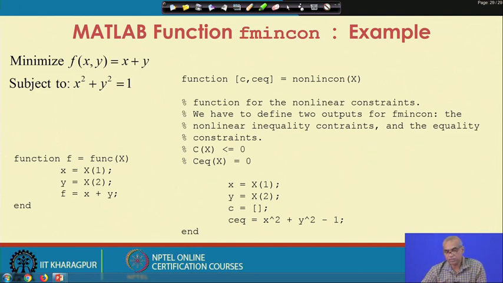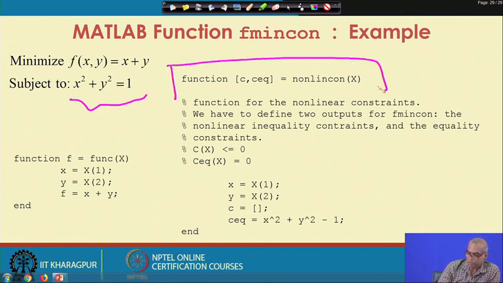So, I am defining a function nonlinear for this nonlinear equality constraint. Note that you have to supply a single function for both nonlinear equality and nonlinear inequality constraints. Look at the format of the function.